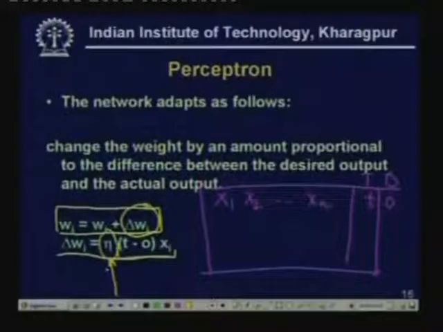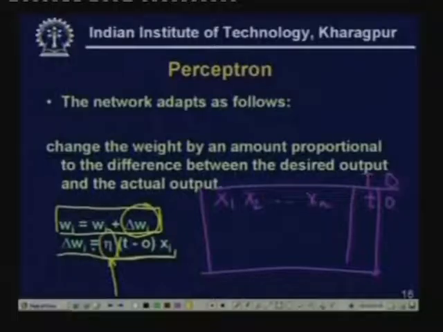In that case, if T is 1 and O is 0, T minus O is positive, and we are increasing delta Wi. If we increase delta Wi, what will happen? Wi will increase. Since our unit does a summation of sigma Wi Xi, if Wi is increased and Xi is positive, then the final output will increase.